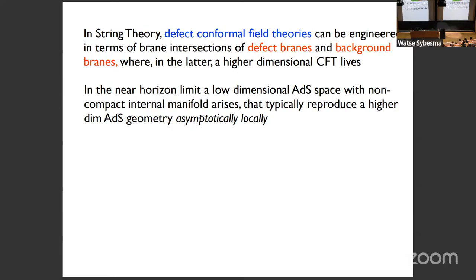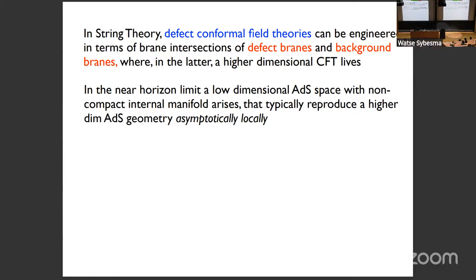This happens asymptotically locally. By this I mean that this higher dimensional AdS space that appears asymptotically will have corrections both in the metric, but especially in the fluxes, because this will signal the presence of the extra defect branes. And these will be subleading corrections in this limit.